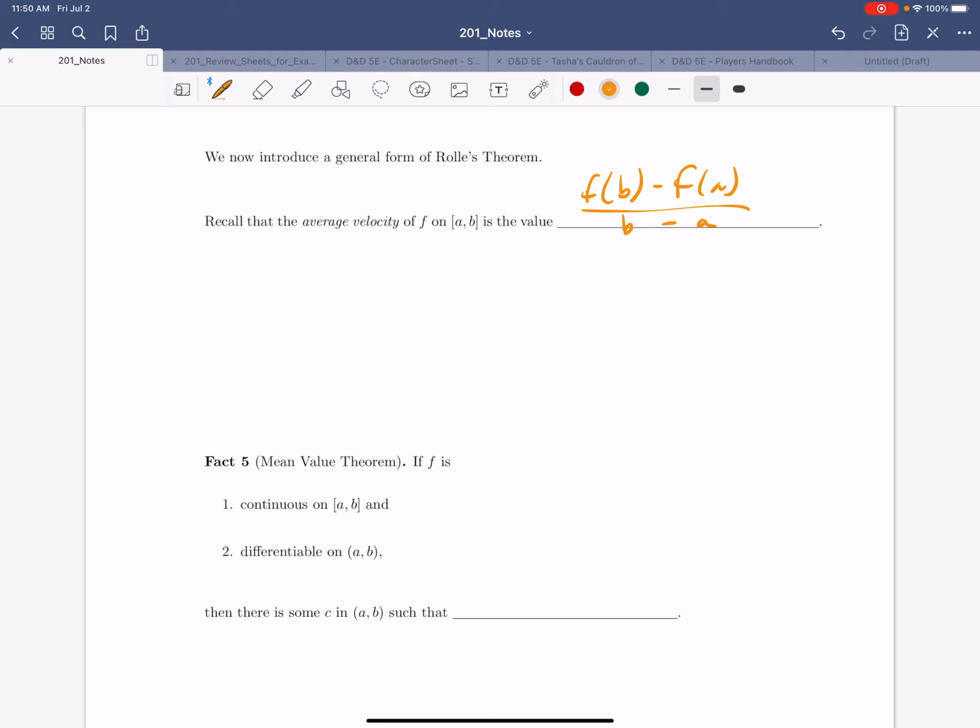Okay, so for example, let's draw 2 examples real quick. If we have a curve on a to b, the closed interval, and maybe the function starts here, and whatever it does, maybe it winds up going to here or so. The average value is the slope of this line.